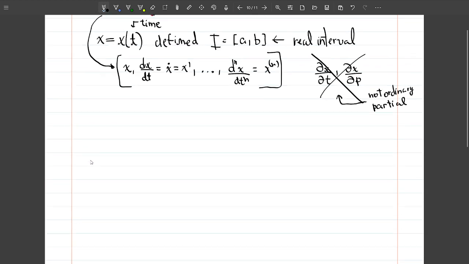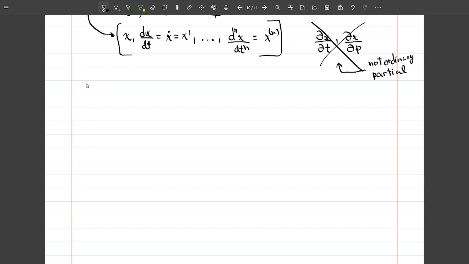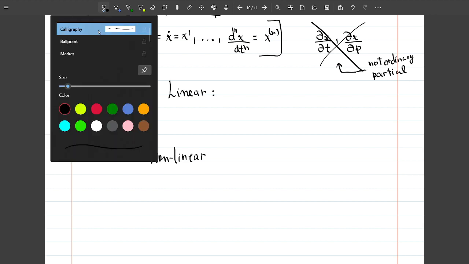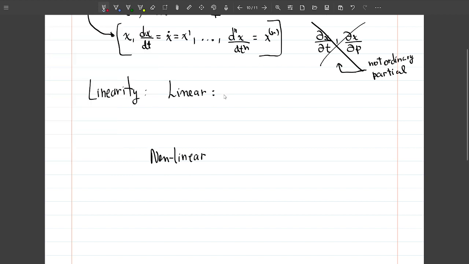Another thing we can do is classify by linearity. We can say that a differential equation is linear or nonlinear. A linear differential equation is one that only contains functions of t and x, the first derivative of x, the second, and so on.